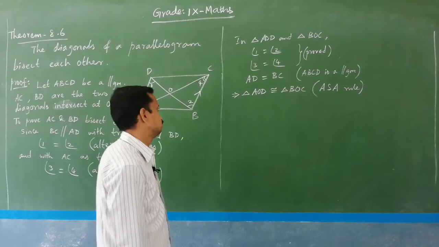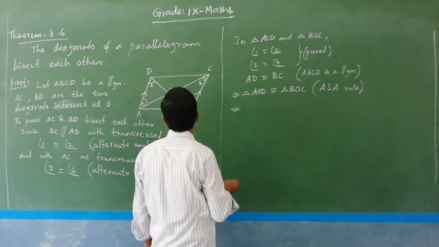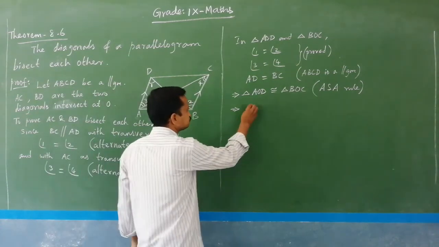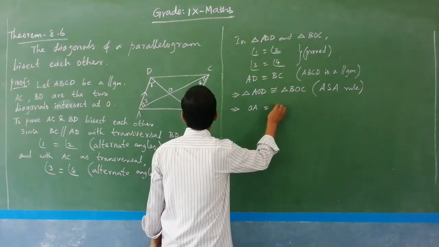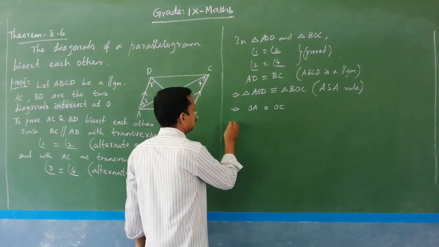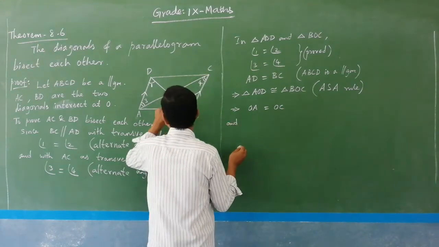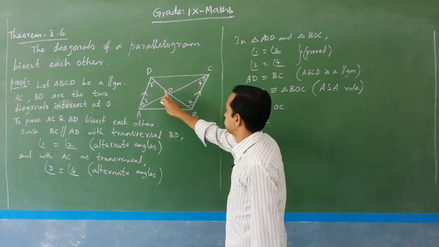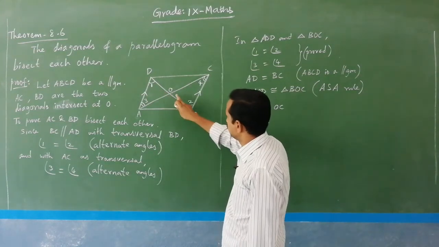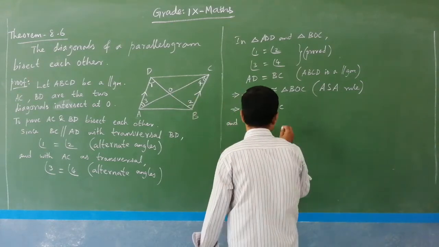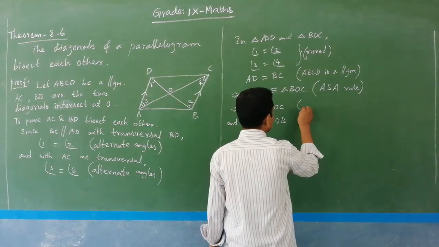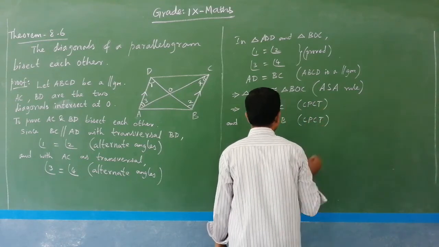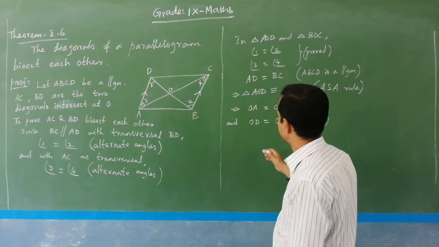So, after that by CPCT, from these triangles OA is equal to OC and OD is equal to OB, both by CPCT. By CPCT we can say like this.